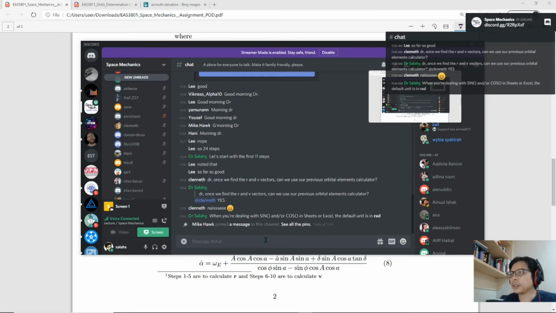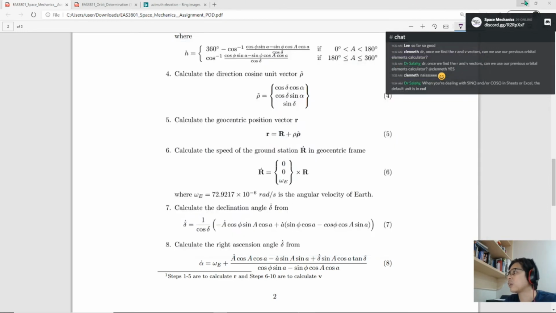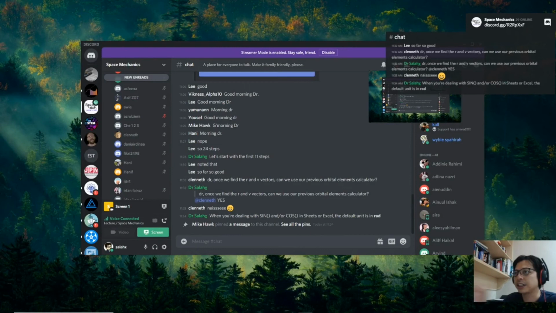One of the learning outcomes you'll get from this is how to work in a team in an online environment where you don't see each other very much. This is the new norm. Perhaps in your working environment later on you'll be doing a lot of this, so why not train to do something like this.